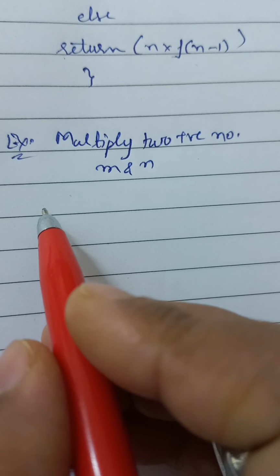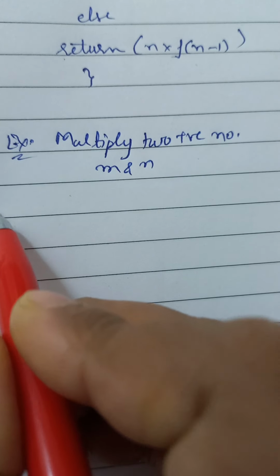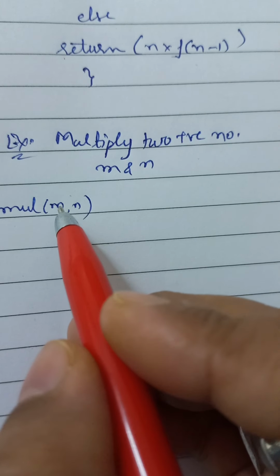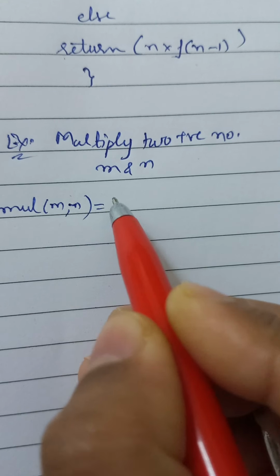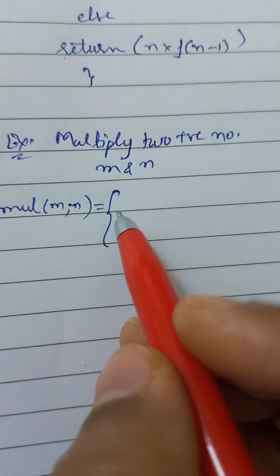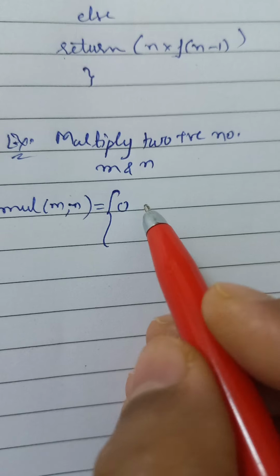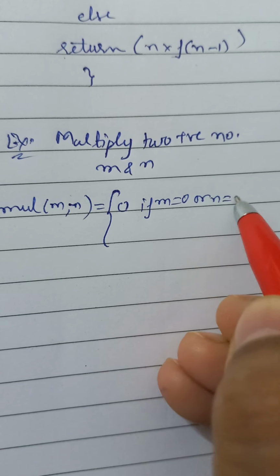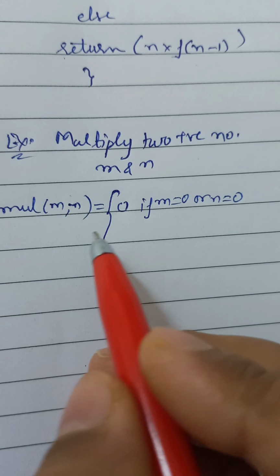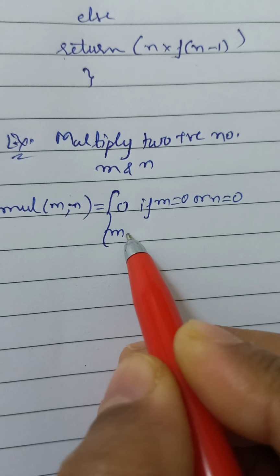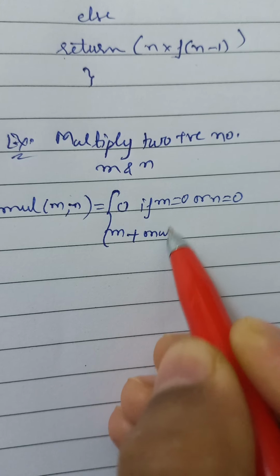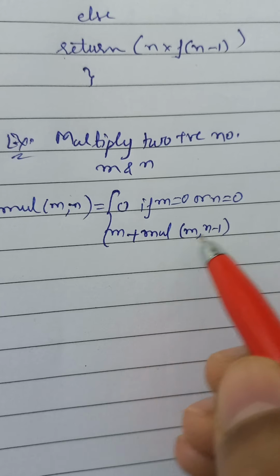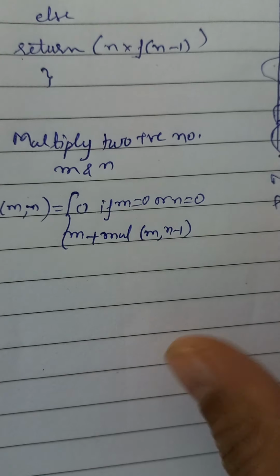We can write like this: multiply m n is equals to 0 if m is equals to 0 or n is equals to 0, and m plus multiply m n minus 1 otherwise.